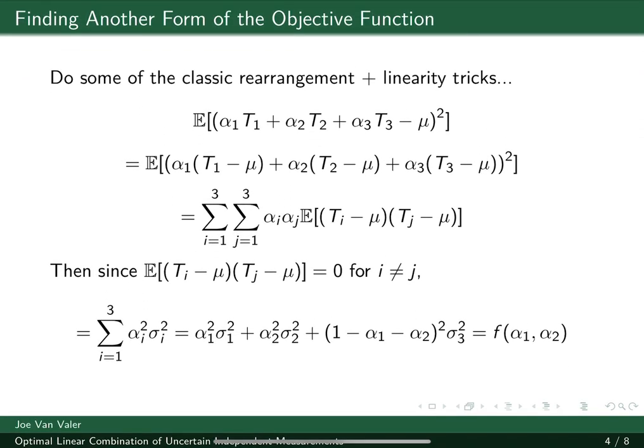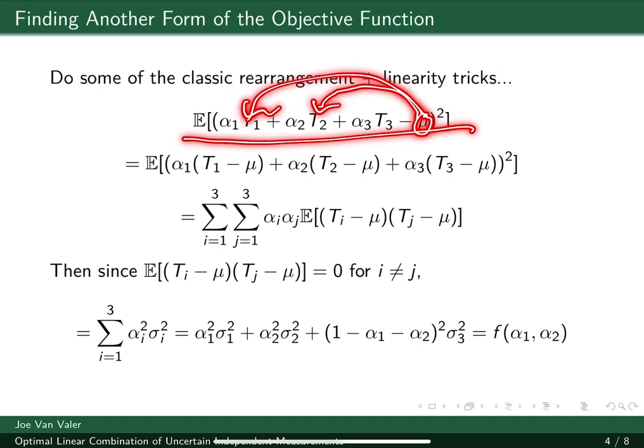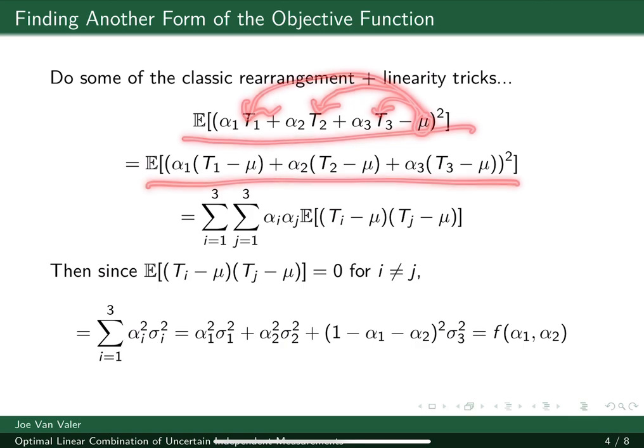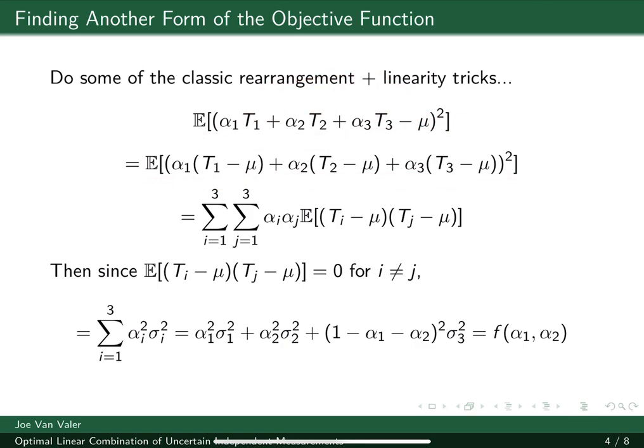So this is really why I wanted to type it out instead of write it out. This can be a little bit hairy, but here you can break this mu into each one of these parts, the T1, T2, T3, and that's what this line is. Now expressing the expectation of a square of a bunch of terms means you can do a double summation of these weighted terms, alpha i, alpha j, and then this expectation term right here.